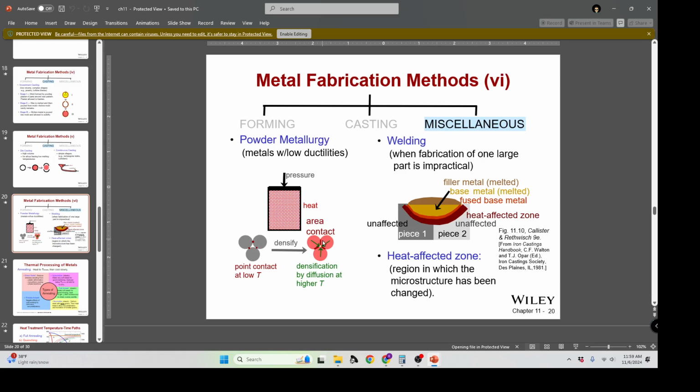As you heat and compress them, diffusion causes them to form grain boundaries together, and it fuses the part. So metals with low ductility, meaning they're very brittle, but work in an application where the surface needs to be hard. We're doing a lot of oil pumps and oil pump gears and things of that nature with these fabrication processes.